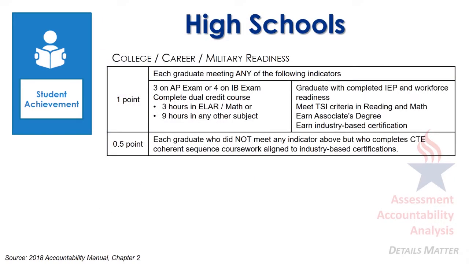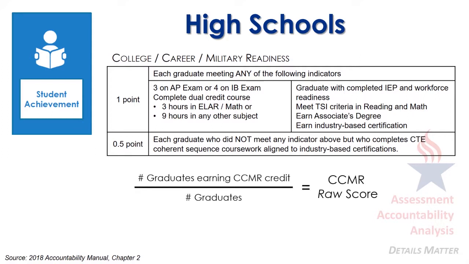Now, for high schools, student achievement also includes the graduation rate and a score for college, career, and military readiness, or CCMR. CCMR points are awarded according to the criteria shown on this chart. The CCMR raw score is the CCMR points earned as a percentage of the total graduates. A student earns up to 1 point for achieving at least 1 indicator, which makes the math easier, but this total is also flawed.